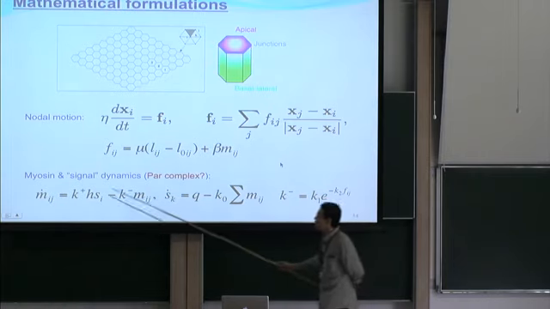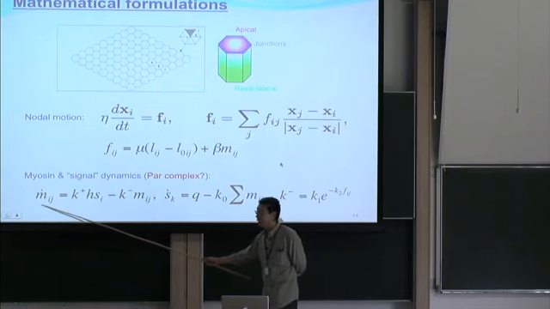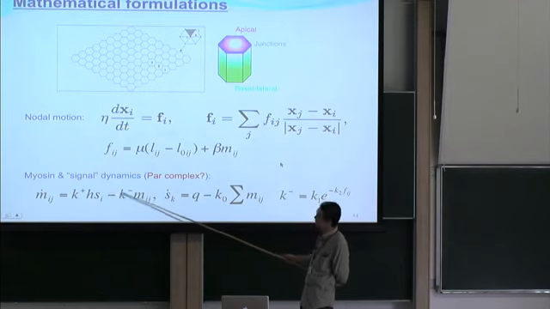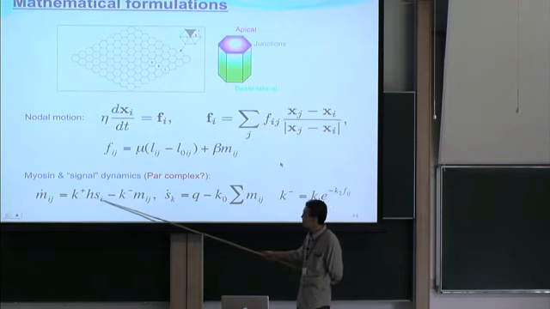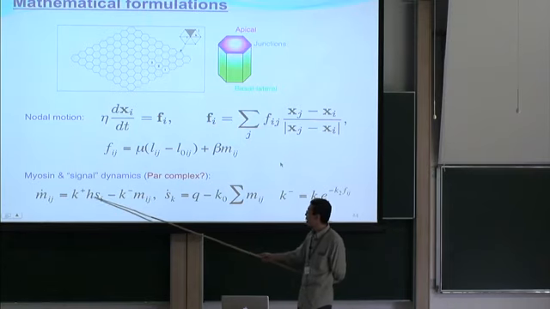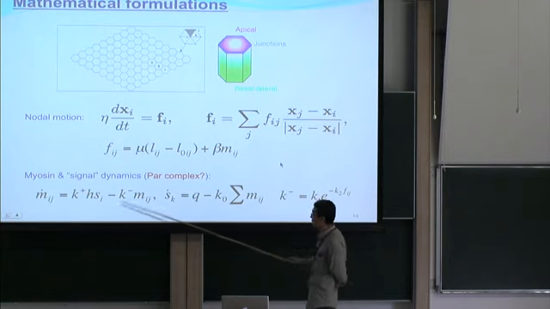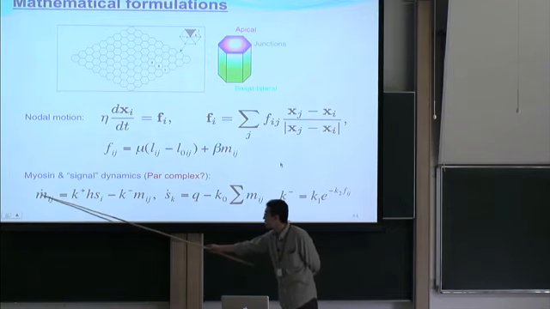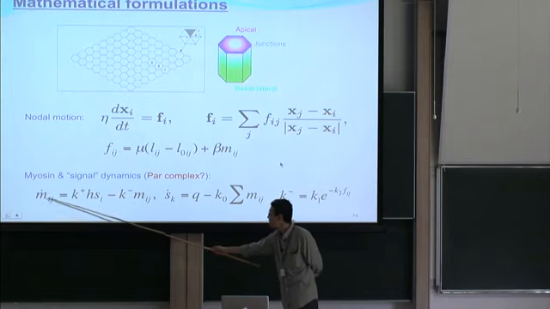We say the myosin will latch onto the actin network, governed by 2 terms. The first one is that there is some sort of signaling protein. We don't know what it is. I'll say more about that. So we just put it in there. If there is signal, that would encourage the attachment of the myosin onto the actin network.